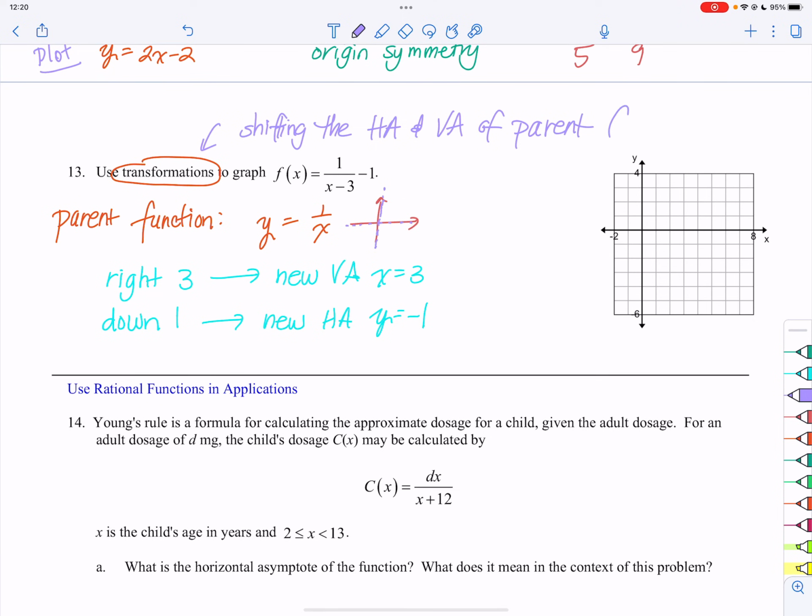That's actually what we're doing. So now we will go down 1 and to the right 3. We have something that looks like this. So transformations is a nice way.